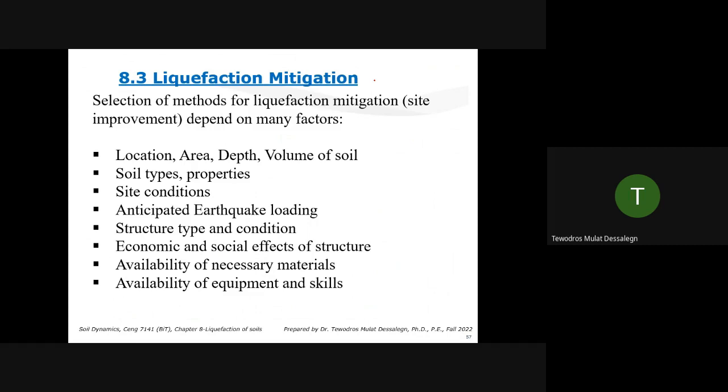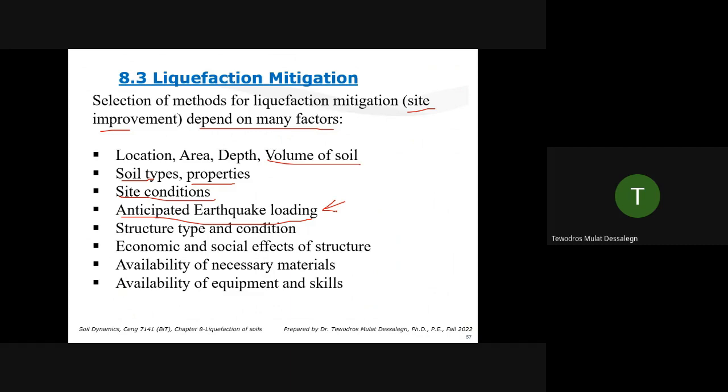Selection of the method for liquefaction mitigation, or site improvement, depends on many factors: location, area, depth, volume of soil, type, properties, site condition, anticipated earthquake loading. For example, in Ethiopia, the anticipated earthquake is insignificant. So even if you have a loose sand, you don't care much, right?